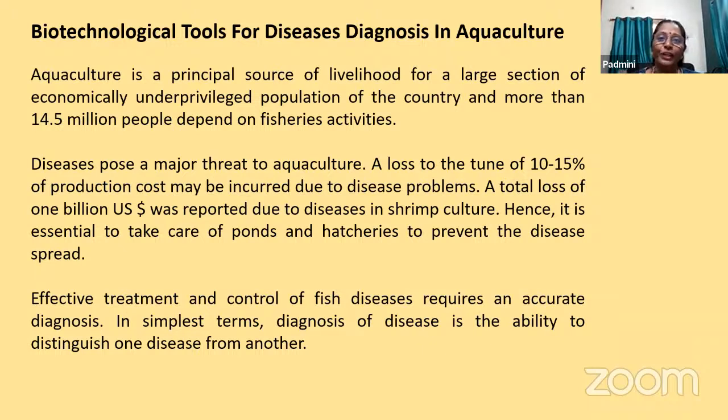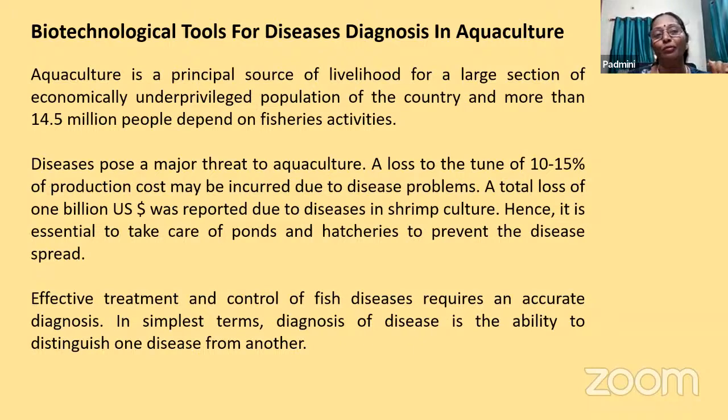Why you need to have this diagnosis is because in a population wherein most of the population survive only on aquaculture, that is the principal source of livelihood for a large section of the economically underprivileged population.